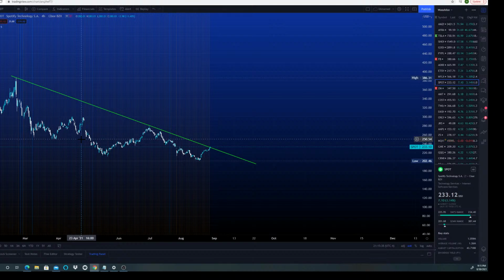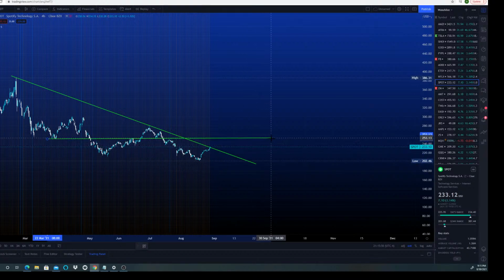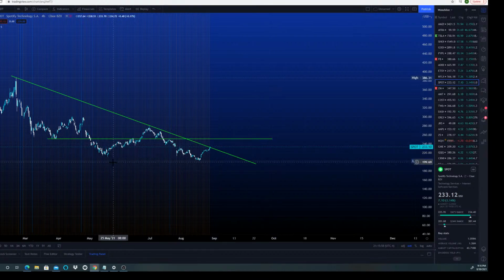If I had to say a resistance level, it will be right around this 250 level. I'll draw the line. I'll actually show you exactly why. Let me get my resistance zone here, right around here, right into here. So as we see, that was pretty much a support level right there.